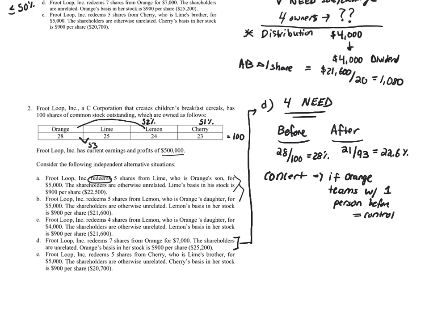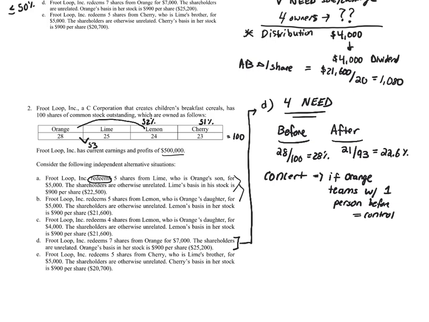Your chances are not that bad. One out of three, 1/3 chance you can persuade them. Now, if Lime, Lemon, and Cherry all get together, 3 people, they're going to have control. But the chances of all 3 people getting together when they're unrelated, versus just Orange and one of them getting together, is less, probability speaking.